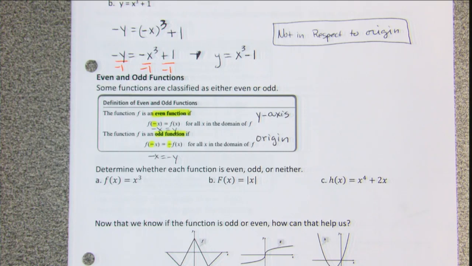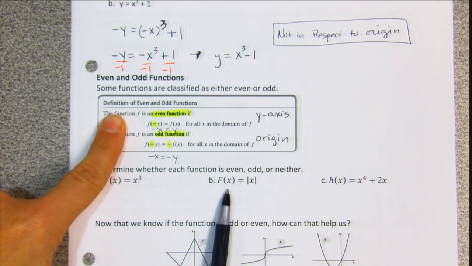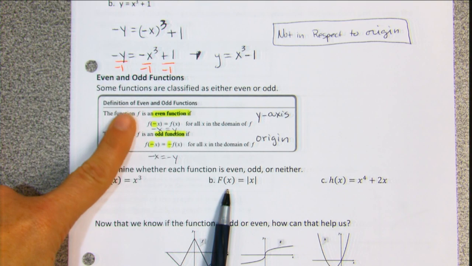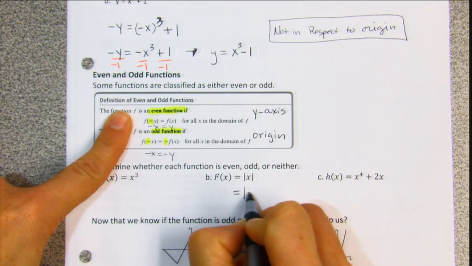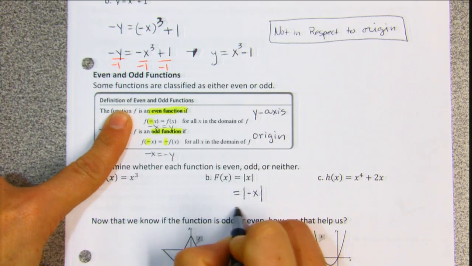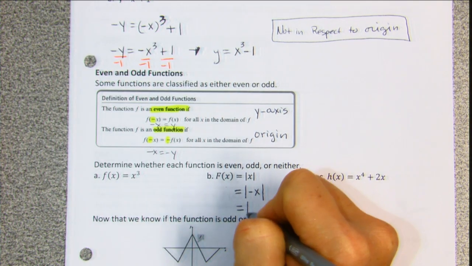So what you do is, if we're labeling it an even function, let's go to part B first. If we're labeling it an even function, what this means is if I change the x to a negative, the equation remains unchanged when you simplify. It could, right?